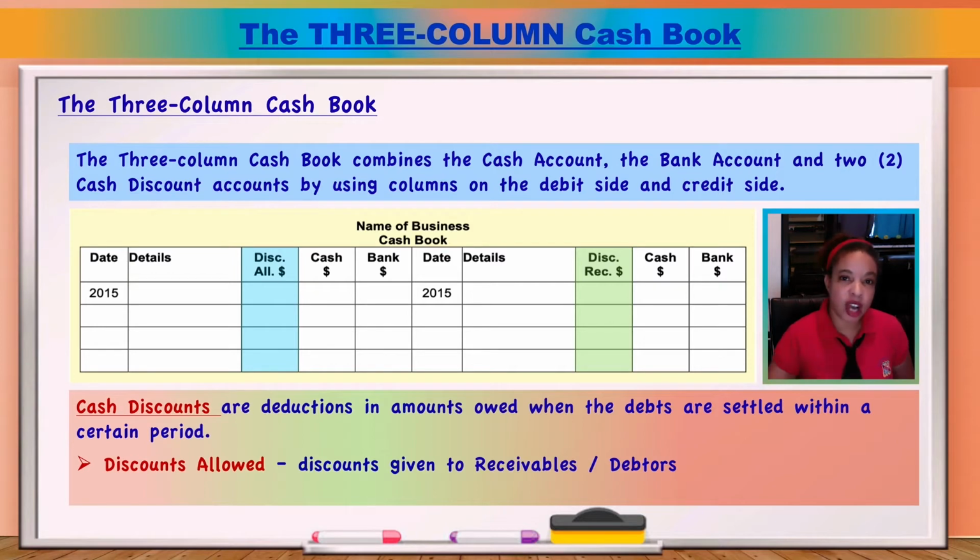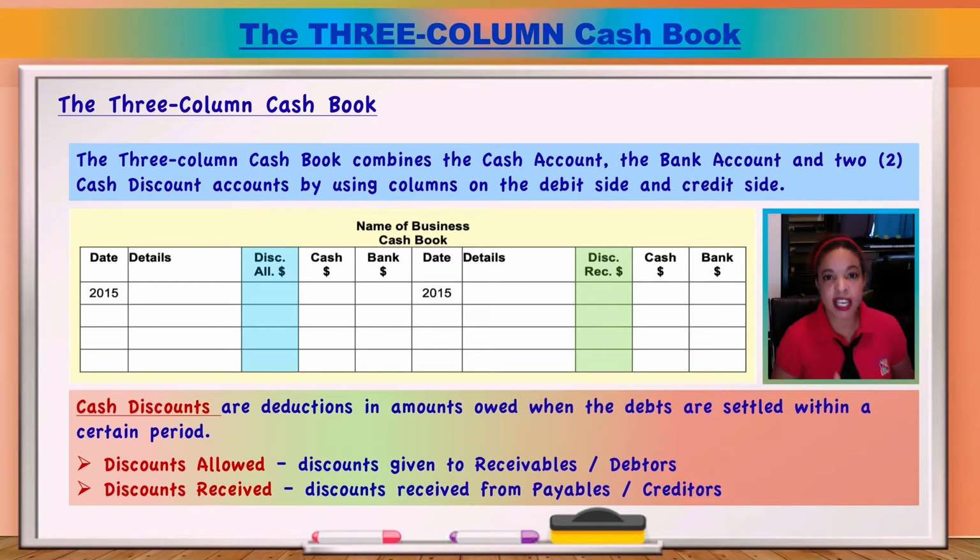And then in turn, our payables may give us a cash discount because they want to receive the amount owed by us earlier. So, whenever you sell on credit, we're going to use the sales part of it, you sell on credit to encourage sales. You may give a trade discount. You don't enter that in the cash book.